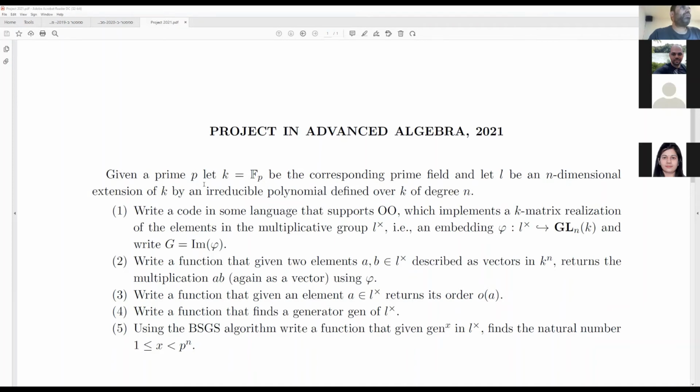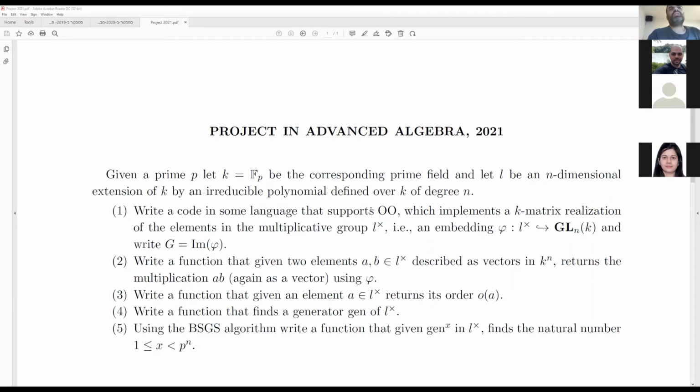Given a prime P, let K be the corresponding prime field and let L be an n-dimensional extension of K by an irreducible polynomial defined over K of degree n. Write a code in some language that supports object-oriented programming, I think it's the best.